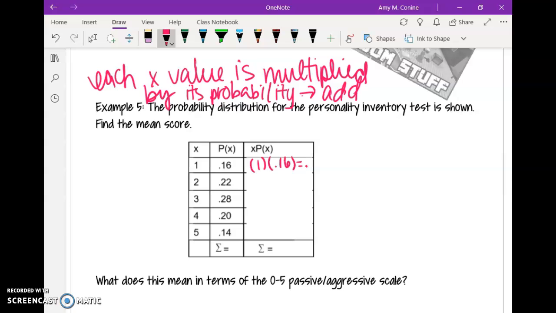So this one's 1 times 0.16, which is just 0.16. And we're going to do that for all of them. So then we have 2 times 0.22. So you should get 0.44.